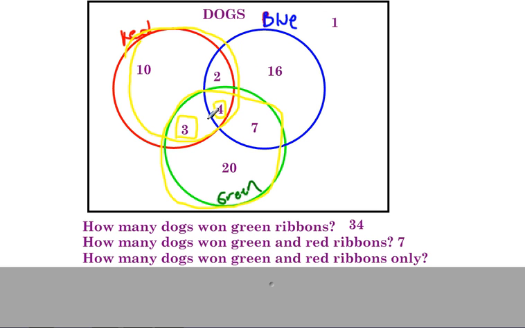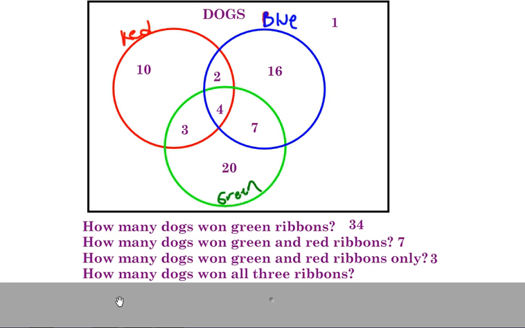But check out this 4 here. The 4 is also inside the blue circle. That means they won a blue ribbon. We don't want anybody who won a blue ribbon. We only want green and red. So the only time we have green and red and not inside the blue is the 3. Green and red only is 3.